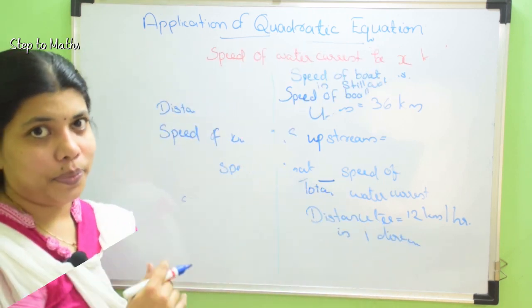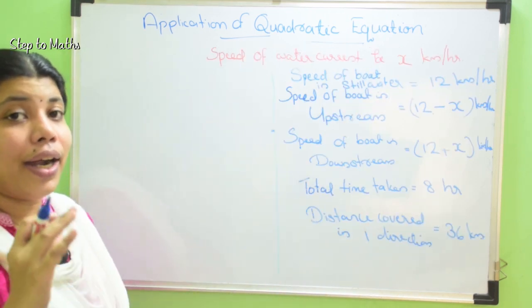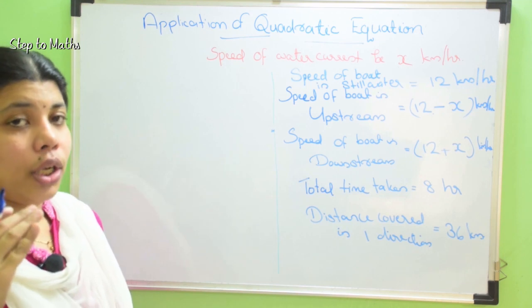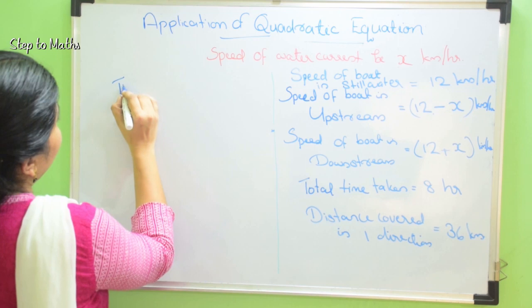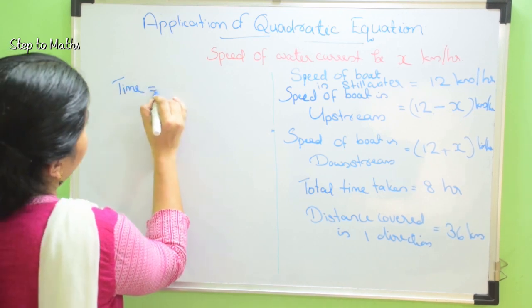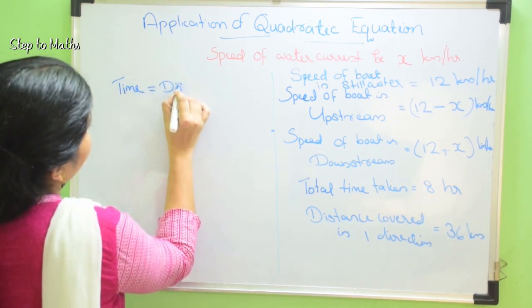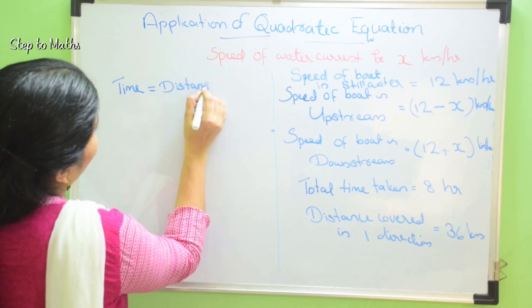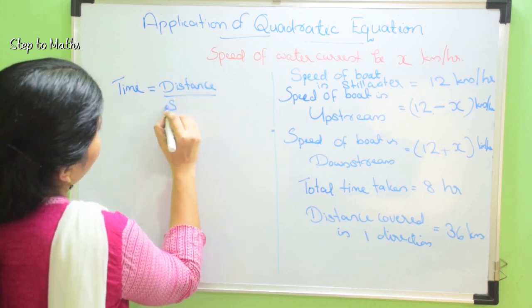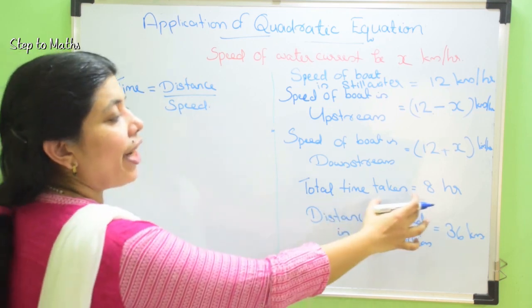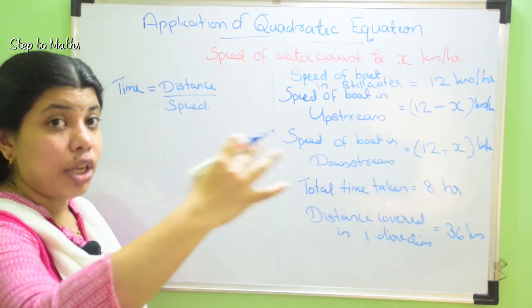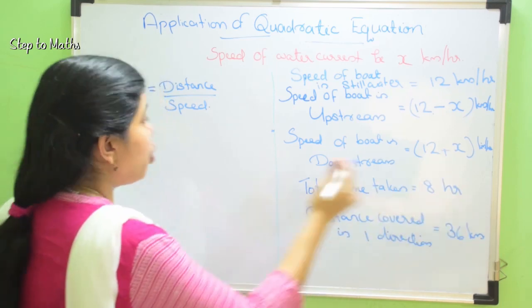We know that time is equal to distance by speed. Here the total time taken for upstream and downstream is 8 hours.